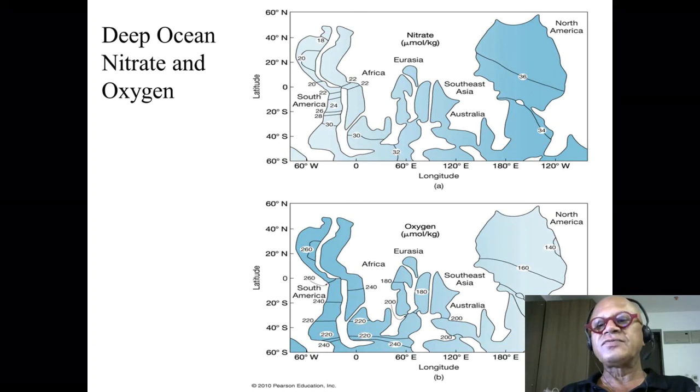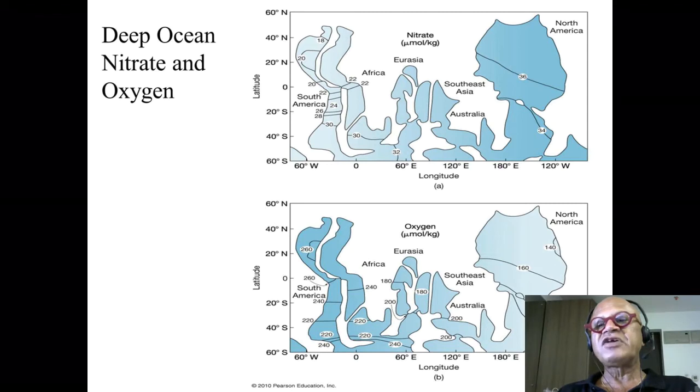Okay, the Indian Ocean is here. So let's just focus on the Atlantic and then come into the Pacific. Okay, nitrate. What do you expect? You look at the North Atlantic, it has low values in micromoles per kilogram, increasing towards the south, and then the Southern Ocean brings in here.